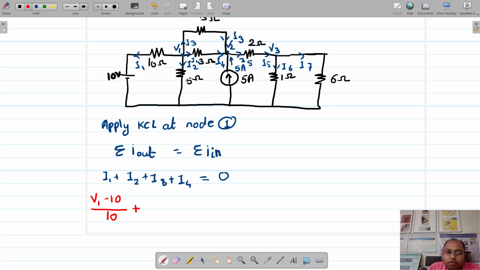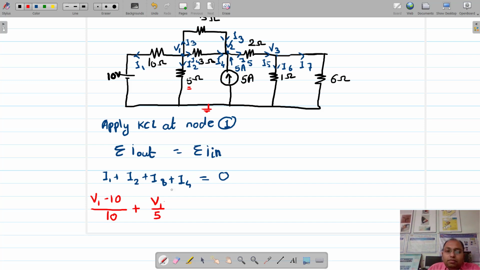I2 is the current flowing through this 5 ohm resistor. V1 is the only voltage because this is ground potential. So V1 minus 0, we do not write the minus 0, so V1 divided by 5.